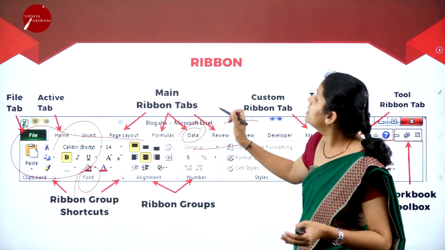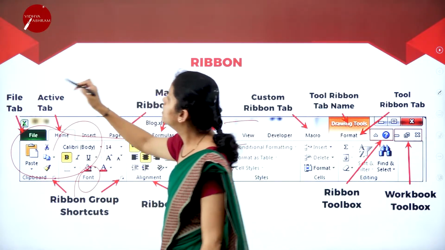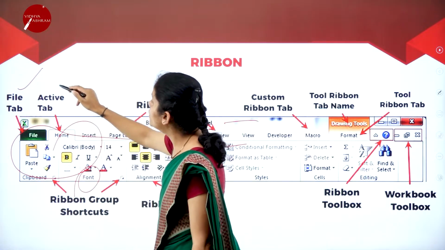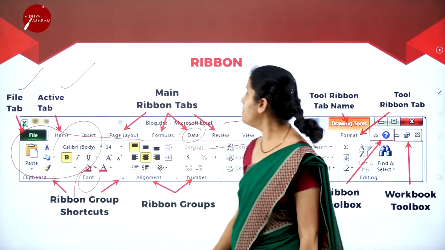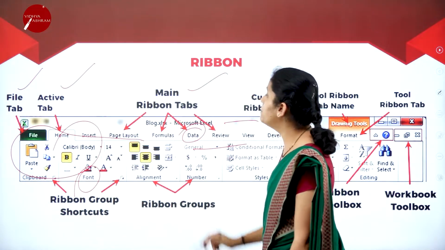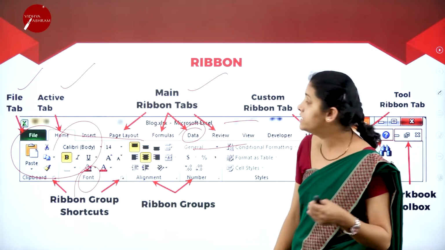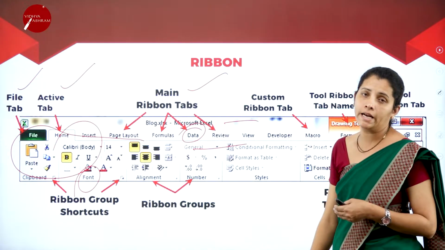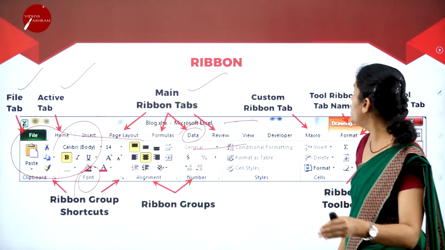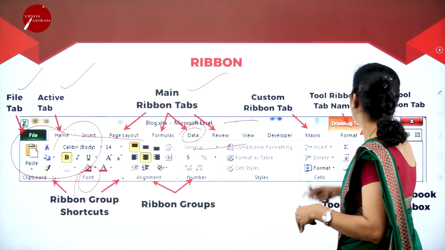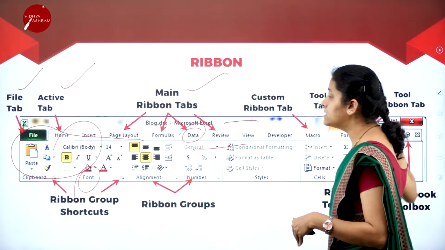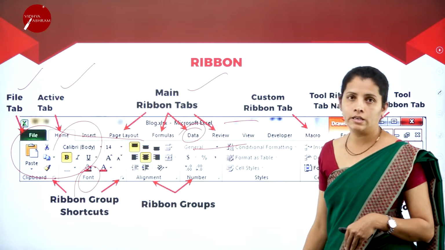So here I'm going to have the file tab, the active tab, and the main ribbon tabs like page layout, formula, data, review, view, and developer macro format. These are the examples for tabs.